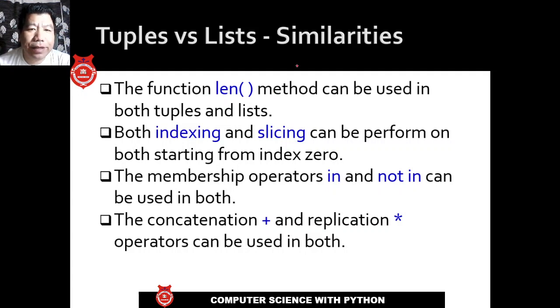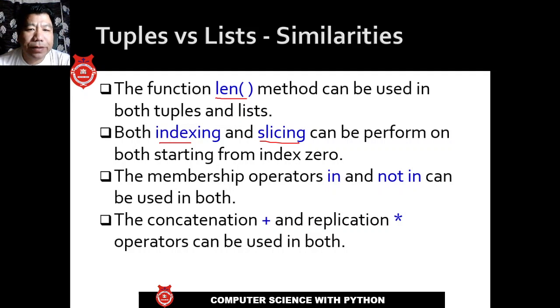So these are some of the similarities between lists and tuples. The function len can be used both in tuples and lists. Indexing and slicing can be applied in tuples where the index starts from 0.